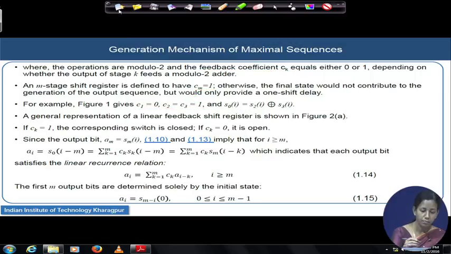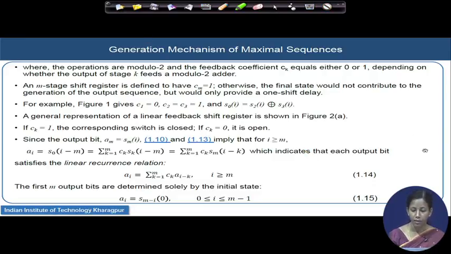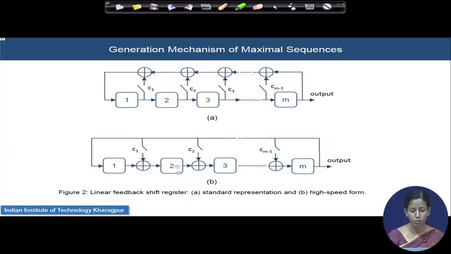Now, we can also show the general representation of this linear feedback shift register, the general form of the mathematics. In the next slide, we have shown two different structures of the linear feedback shift register. Let us first concentrate on the upper one. Now we have increased the stages up to the number small m, and here we see that the Cm value is always 1.